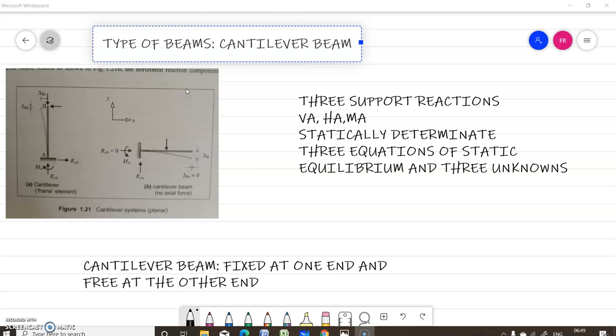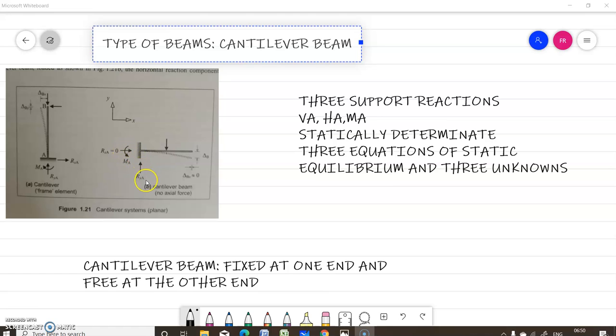It is the simplest externally stable structure characterized by fixity condition at one end and free condition at the other end. So here, when the cantilever is subjected to applied loads, there will be three support reactions. Three components of support reaction can be developed at the support.